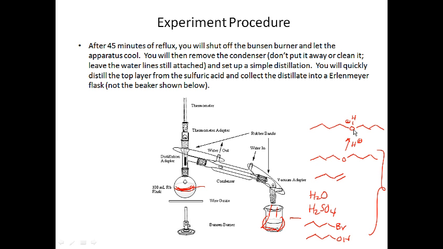What else could the sulfuric acid remove? How about any alcohol that's present? Because if you have any unreacted butanol, it will also react with sulfuric acid, and now you'll make an oxonium ion here, and that also is ionic, and that also will dissolve in the sulfuric acid layer.